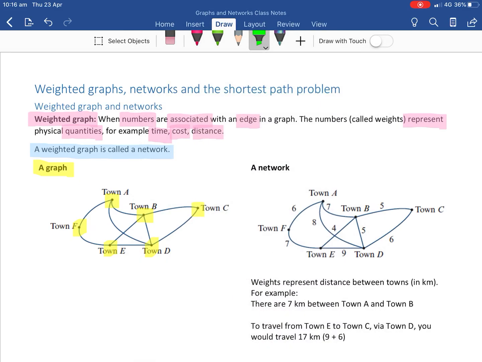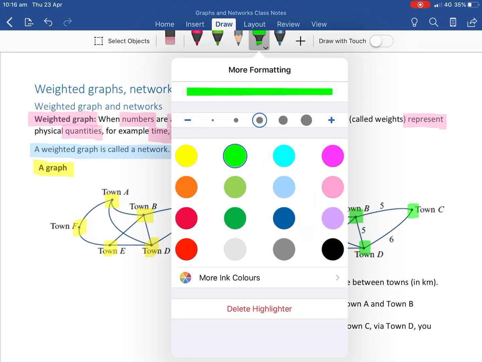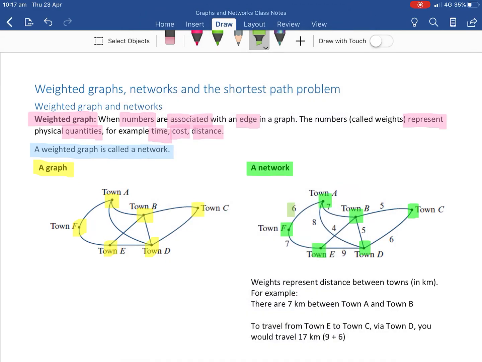Whereas with a network, we've got all of our towns here, and each edge is weighted because it has a number here. All of these numbers represent the distance between towns in kilometres.